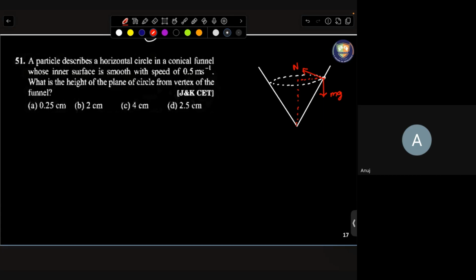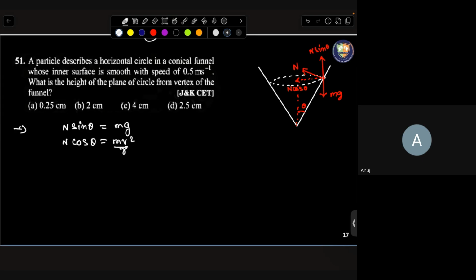Semi angle, you can just assume this to be theta, so this will be n cos theta, and this will be n sin theta. You can see that n sin theta is balancing the weight, and n cos theta is providing the centripetal acceleration. So you can write n sin theta is equal to mg, n cos theta is equal to mv square by r.